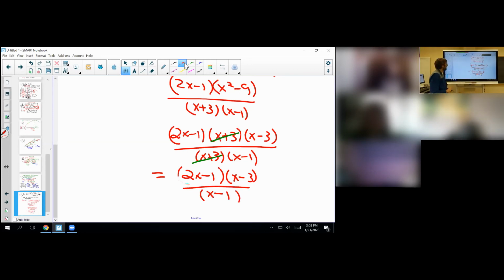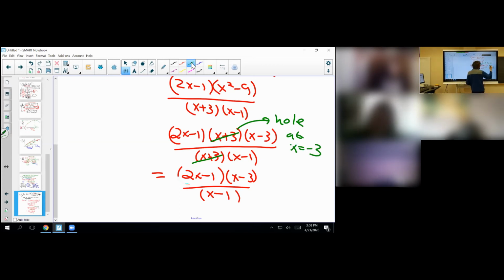So that is nice when it simplifies. The one thing you have to remember when that cancels is you get a hole there. The solution that corresponds with x plus 3 is minus 3, so we get a hole at x equals minus 3. But this is great because this now immediately tells us the x-intercepts.